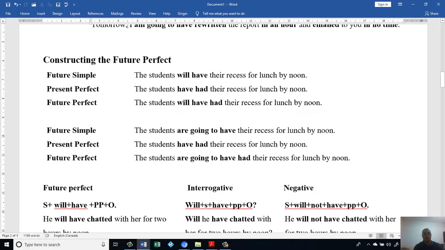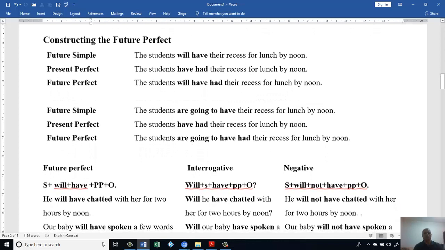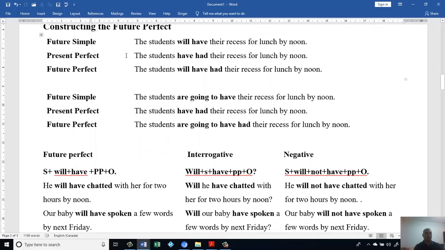Let's look at a different form of the future. For example, look in here, we have future simple. The students will have their races for lunch by noon. To make it present perfect, we say the students have had their races for lunch by noon.